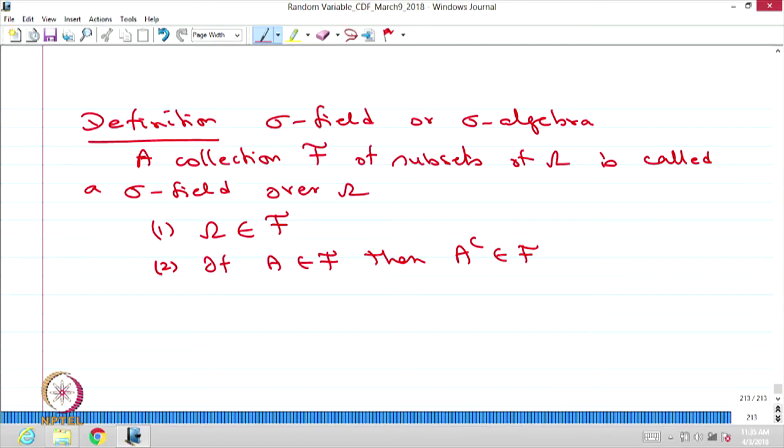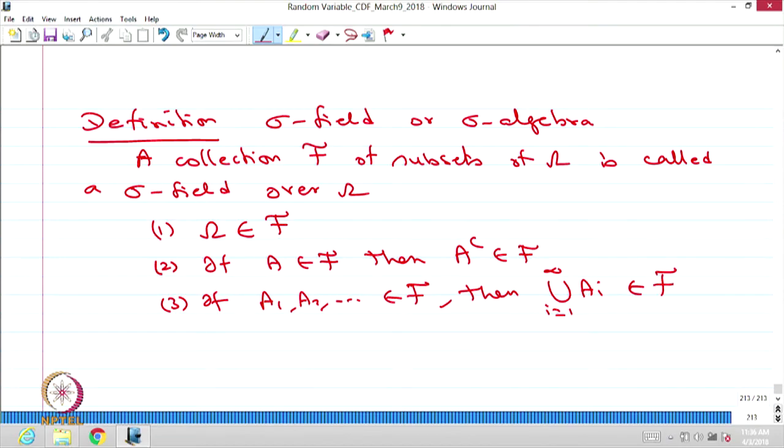The first condition is omega belongs to F. If A belongs to F, then A complement also belongs to F. The third condition: if A1, A2 and so on belong to F, then the countable union over i from 1 to infinity also belongs to F. Whether you take finitely many elements in F or countably infinitely many elements in F, the union of those elements also belongs to F. If any collection F of subsets of omega satisfies these three conditions, then we call that collection a sigma field on omega.